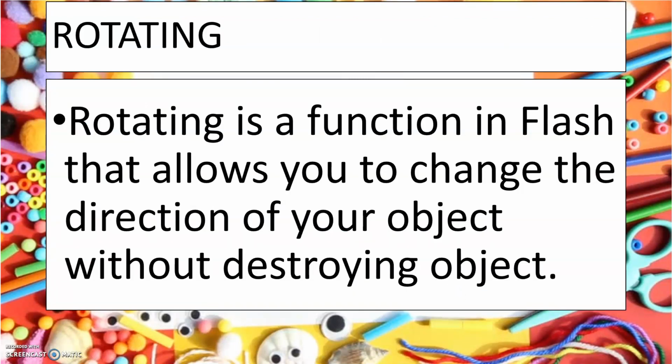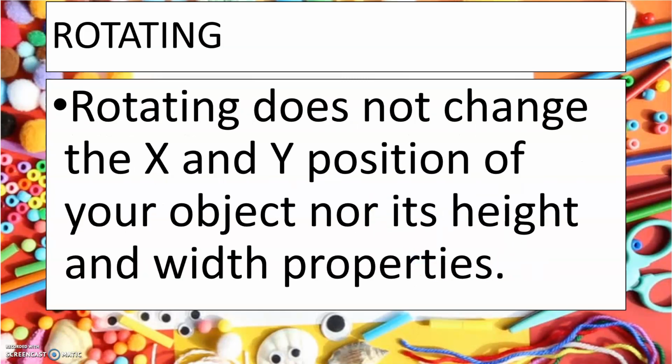Rotating. Rotating is a function in Flash that allows you to change the direction of your object without destroying the object. Rotating does not change the X and Y position of your object, nor its height and width properties.